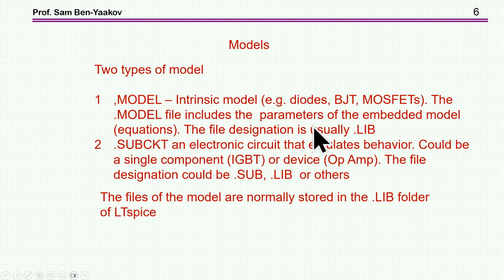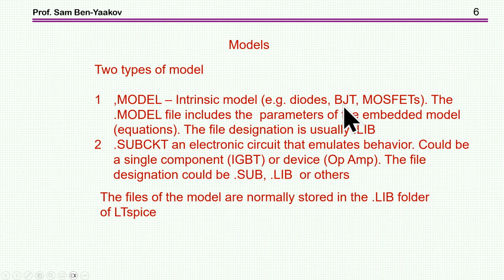Now, the program is using models. Components, devices, like diodes, are specified and dealt with by the so-called models. There are models which are intrinsic in the simulator itself. That is, for example, the equation of a diode, or BJT, actually a modified Ebers-Moll model, are embedded in the program itself.